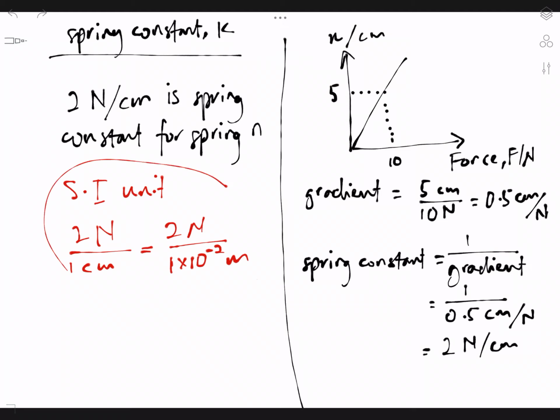So what you need to do is divide 2 Newton by 1 centimeter and then convert centimeter to meter, and then you have 1 times 10 power negative 2, because the value of prefix centi is 10 power negative 2, and then the unit is meter.